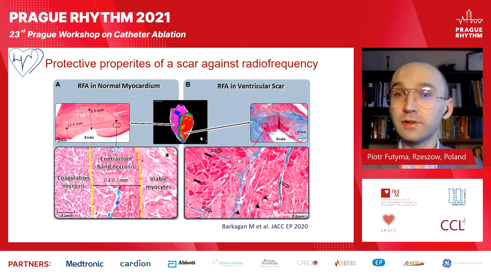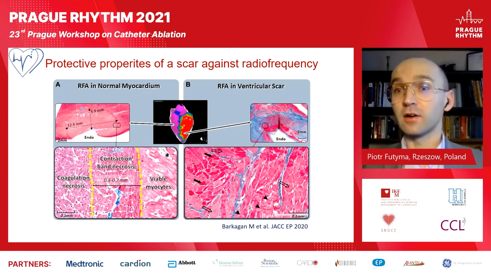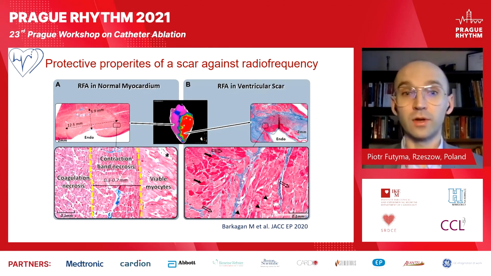The situation is a bit different when we deal with substrates related with scar. Scar protects our targeted tissue, and actually the temperatures are lower within the tissue when we ablate, even using high power values.